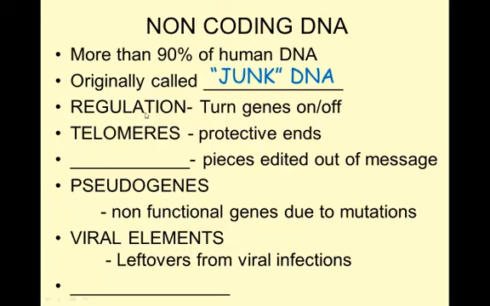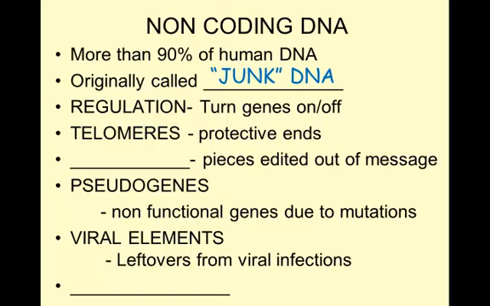First of all, we do have some regulatory sites. We talked about promoters. There are other sorts of regulatory sites that make molecules called repressors and other regulatory molecules. We're going to talk a little bit more about those in our next slideshow. But there are regulatory sites that turn genes on and off that are in addition to the actual part that codes for the protein.